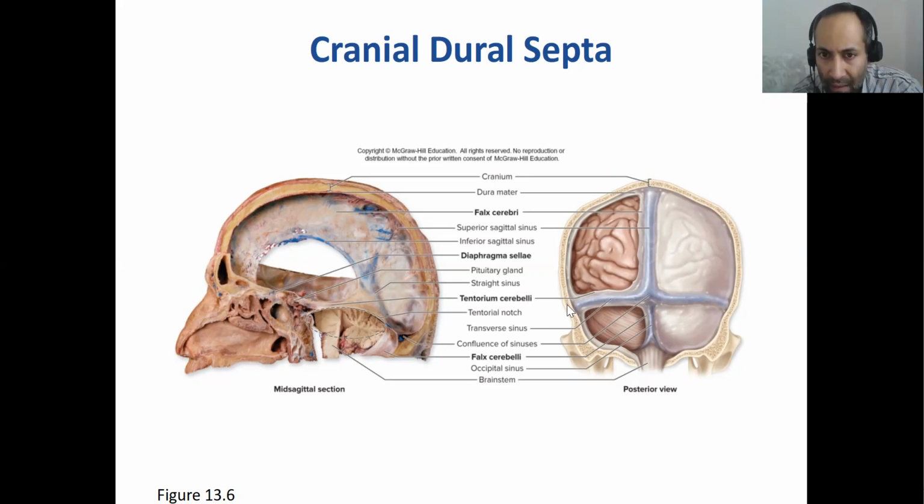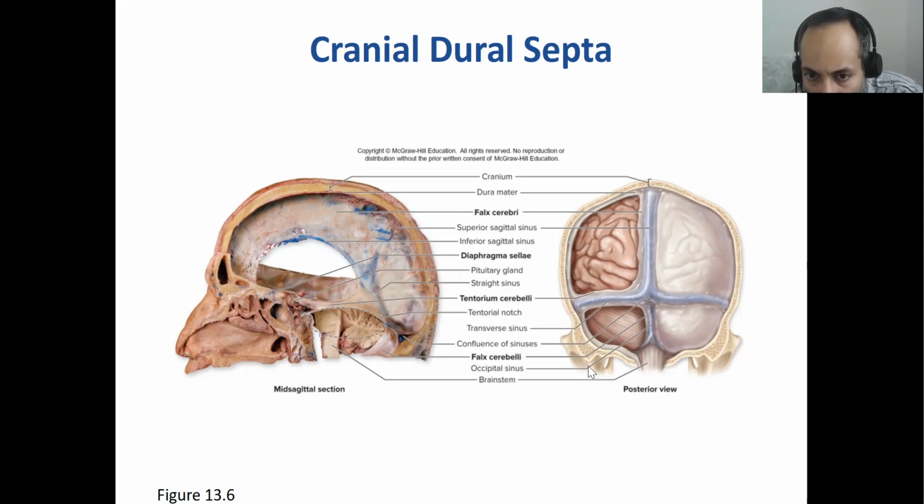Think of it like a tent-like area overhanging your cerebellum. Here's the cerebellum, the mini brain, and overhanging it is the tentorium cerebelli. Within this structure, you have a transverse sinus. This was your sagittal sinus running in a sagittal direction, and here's your transverse sinus in the tentorium cerebelli.